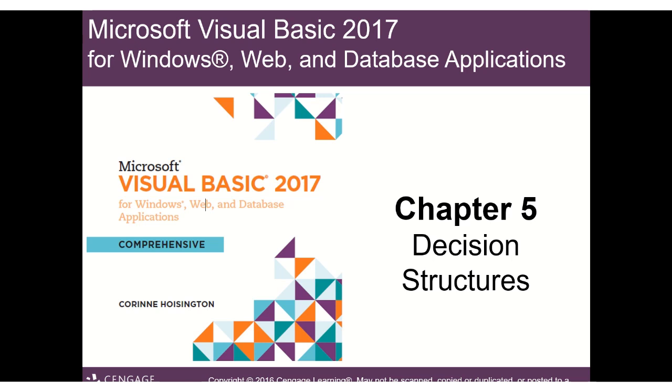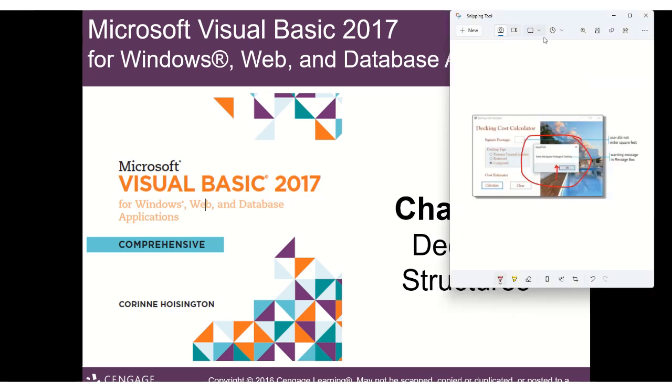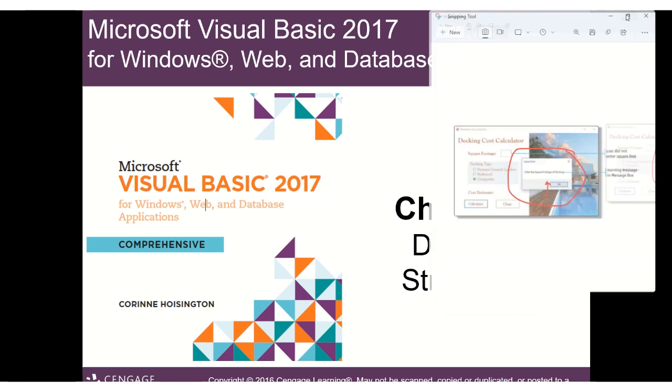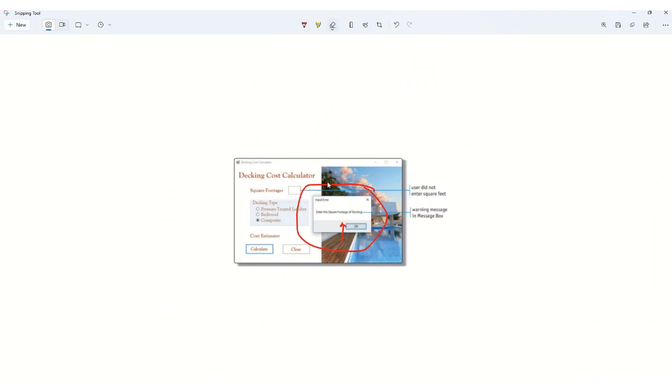Let's say there is a local business that is doing some deck manufacturing. With houses, you know, the decks, right? Those decks are being manufactured by a local company, and they provide you three different options: the lumber, the redwood, and the composite.